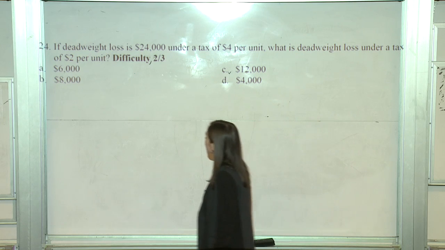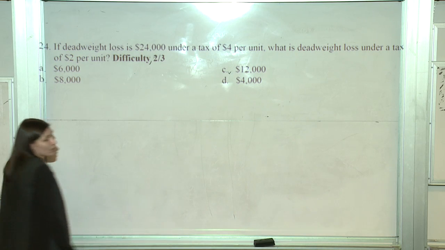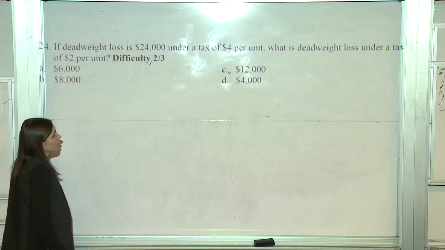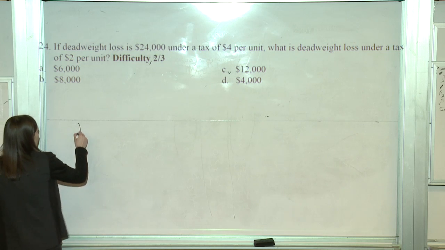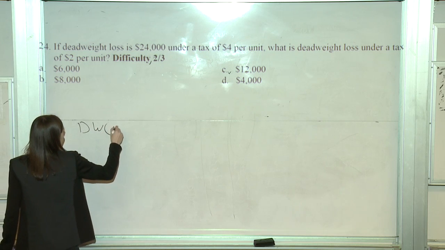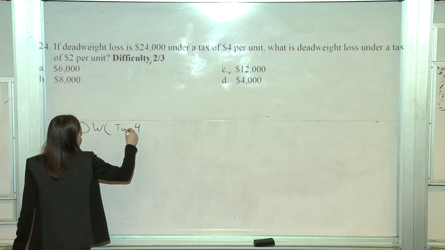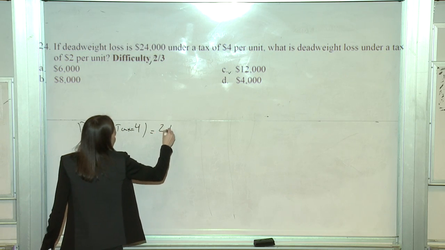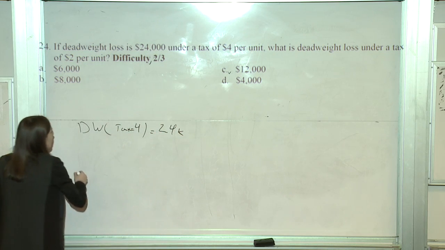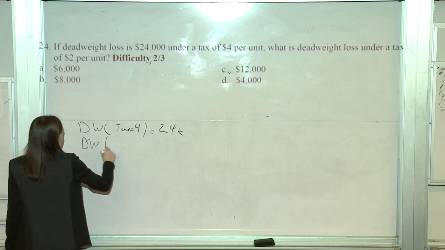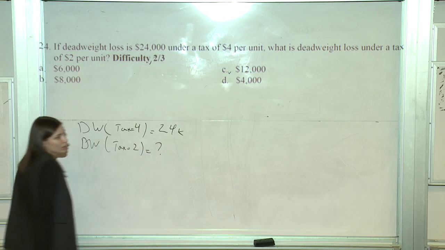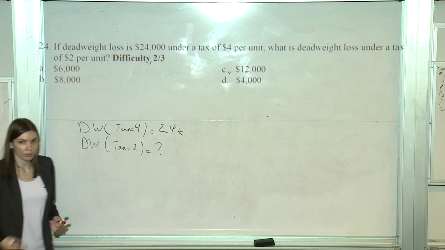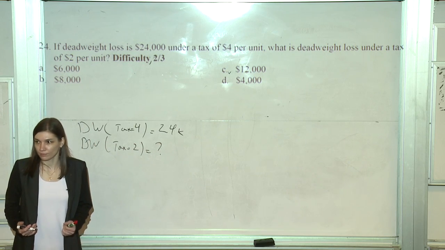If deadweight loss is 24,000 under a tax of 4, what is deadweight loss under a tax of 2 per unit? So I know that deadweight loss when tax equals 4 is 24,000. The question is, what is deadweight loss when tax equals 2? What property does deadweight loss have?